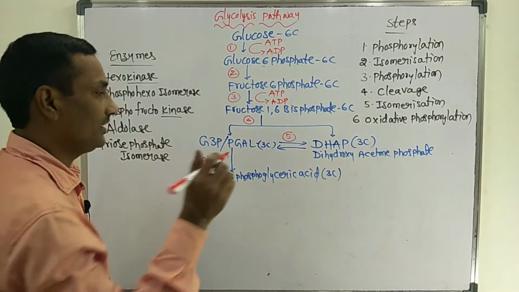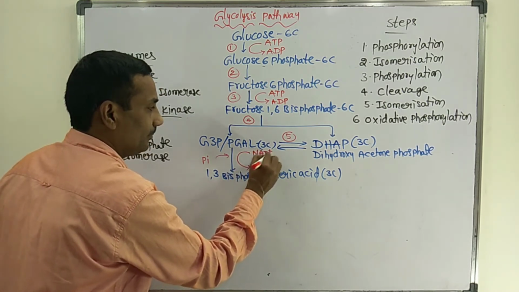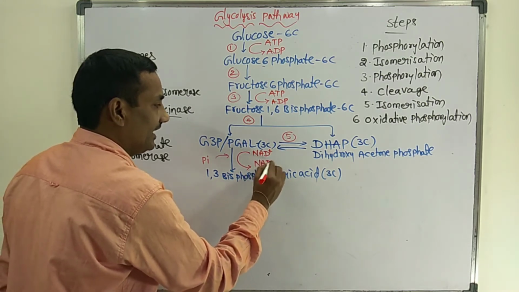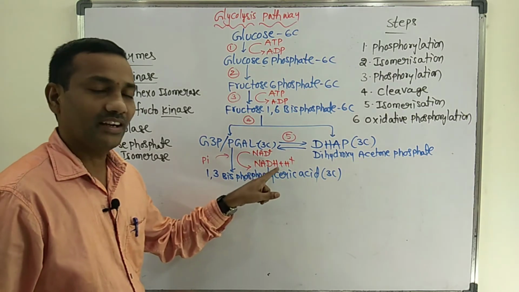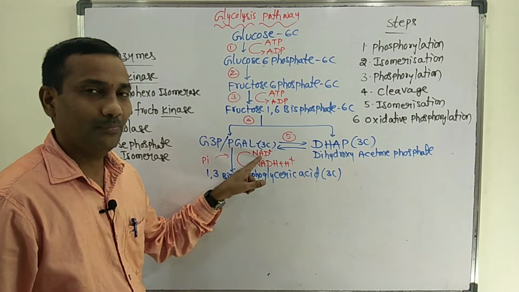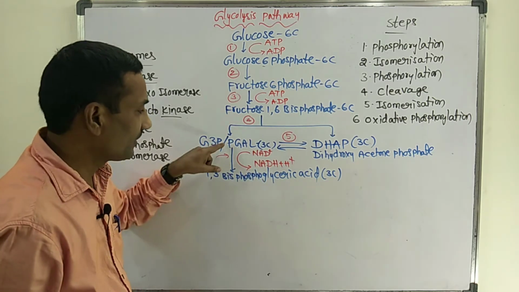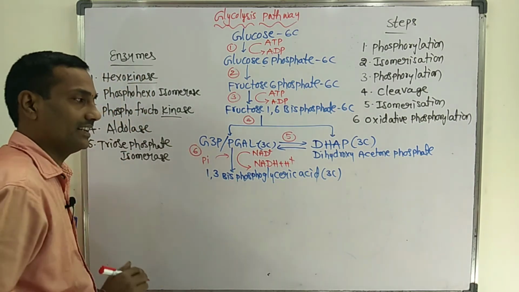At the same time, in this process what happens? NAD plus is reduced to NADH plus H plus. Here it is assimilatory power. One NAD plus is reduced to NADH plus H plus, that occurs at the sixth step of glycolysis.